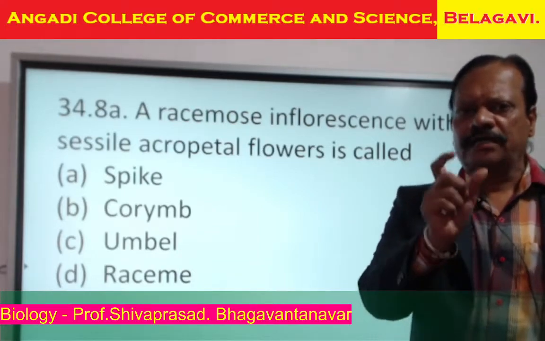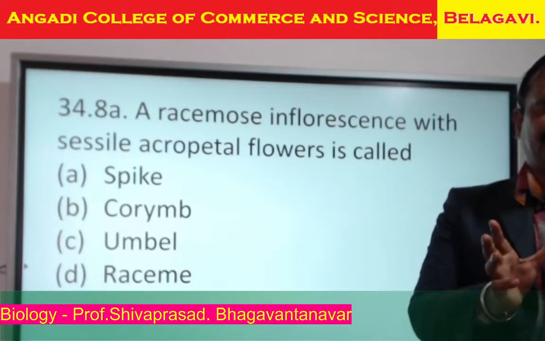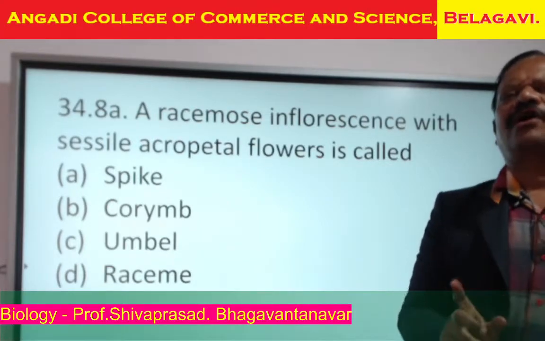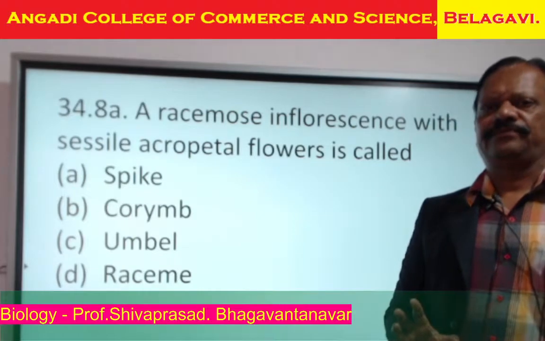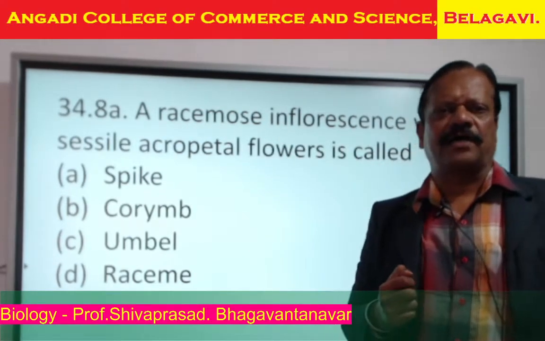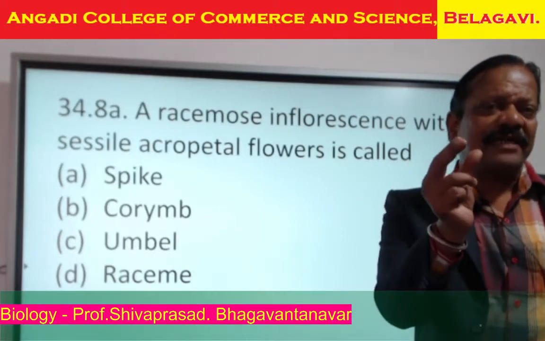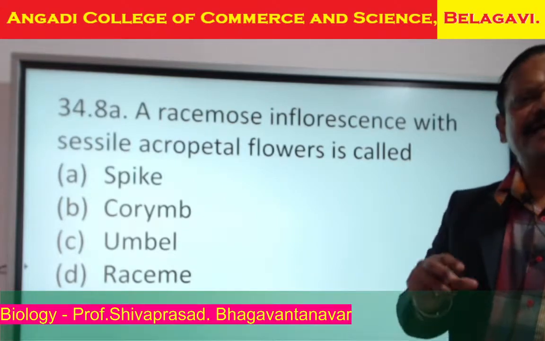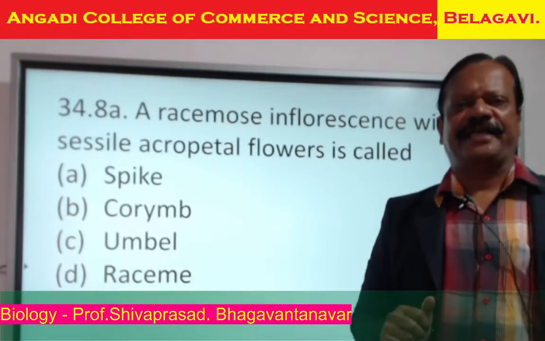If the pedicel is absent and the flower is directly attached to the rachis, then you call it a sessile flower. Okay, in the racemose type of inflorescence, the flowers are directly attached to the rachis, producing a long elongated structure.